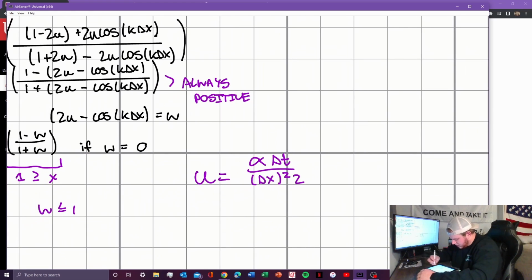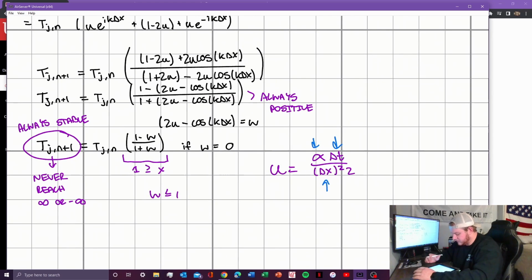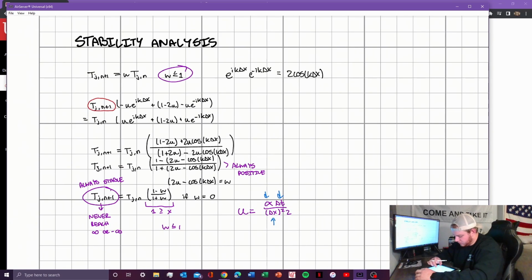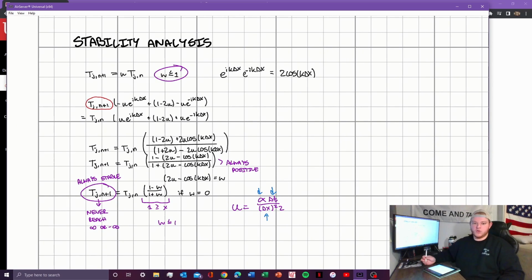So no matter what the change in the time step, the change in x, or the thermal diffusivity, omega will always be less than or equal to 1. That is perfect. That shows stability no matter what, and that is exactly what we want to see.